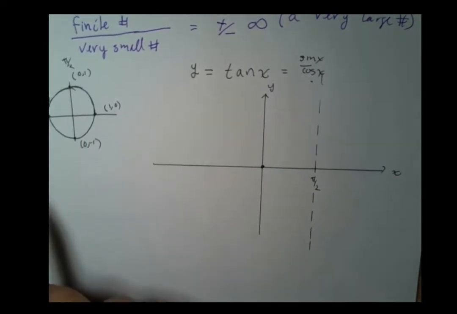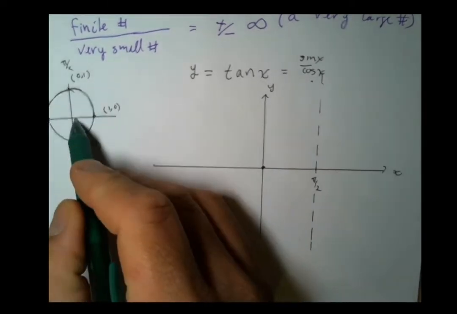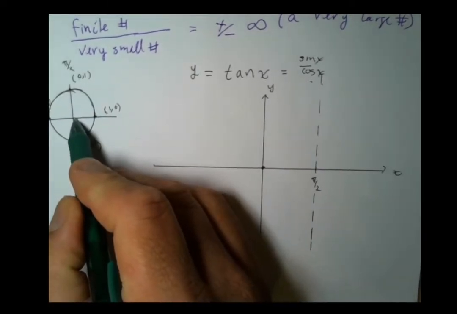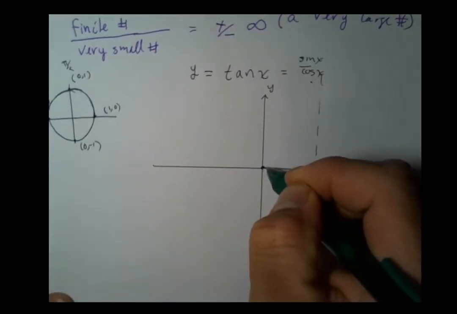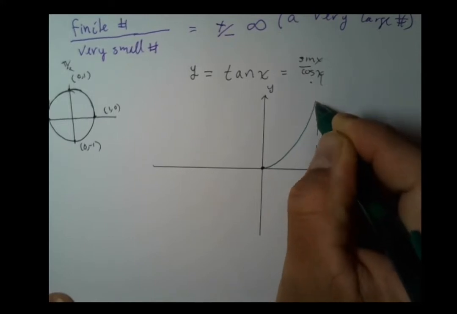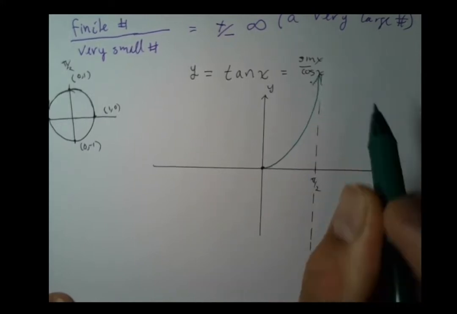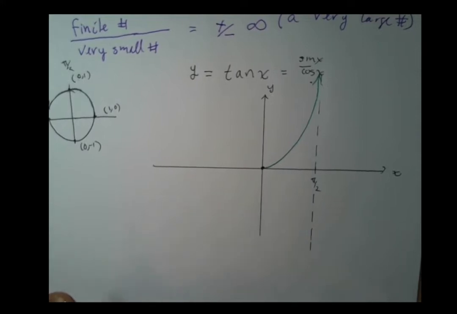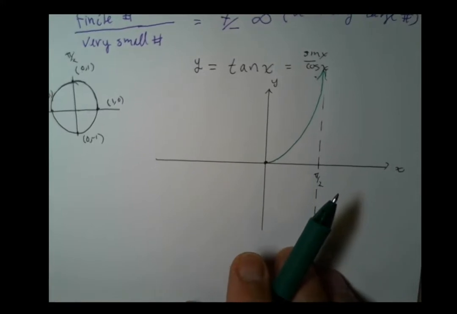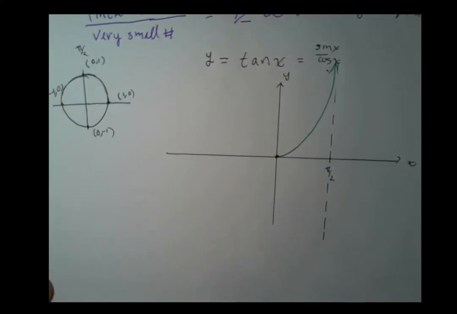So if we recall, a finite number over a very small number, as these numbers get smaller and smaller as I get closer to 0, we have a very large number. So what we see here is positive, and it grows. Remember, it never touches or crosses pi over 2. It just grows infinitely large, without bound, is what we say in math terms, but it keeps almost asymptotic behavior as it gets closer to pi over 2.